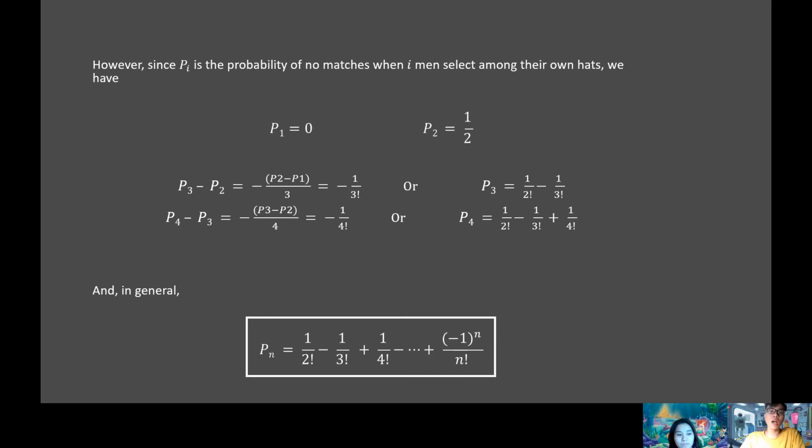We have the subtraction between P3 and P2 is equal to minus 1 divided by 3 factorial, or P3 is equal to 1 divided by 2 factorial minus 1 divided by 3 factorial. And similarly, we have P4 is the following equation, and in general we could conclude that Pn is equal to this equation.